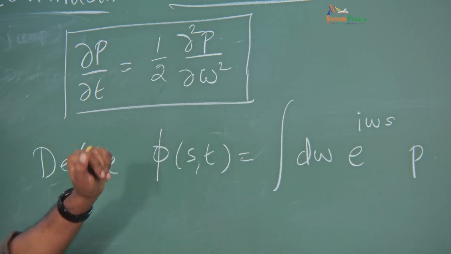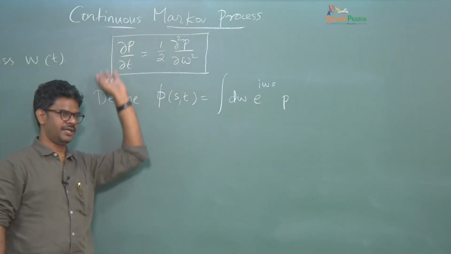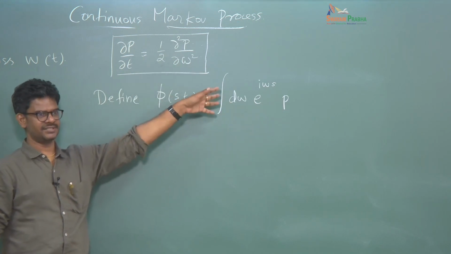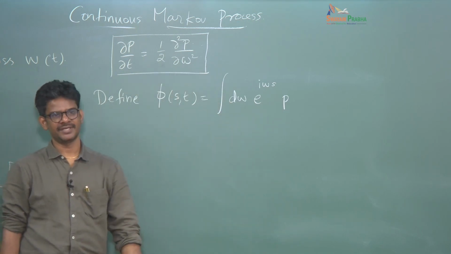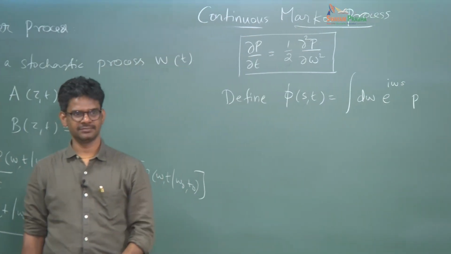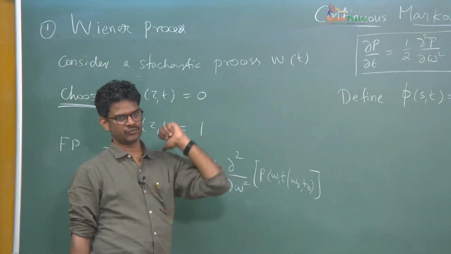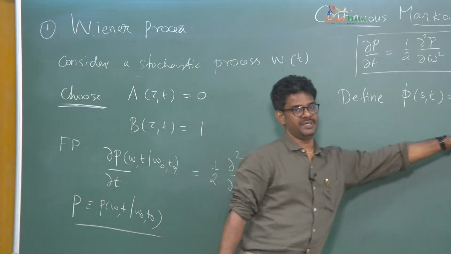So our approach would be to multiply this equation with e power iws and then integrate on both the left-hand side and right-hand side, and then you will basically transform the partial differential equation into an ODE, okay. And then you can solve the ODE, do the inverse transform, and then you can get the expression for P, okay.